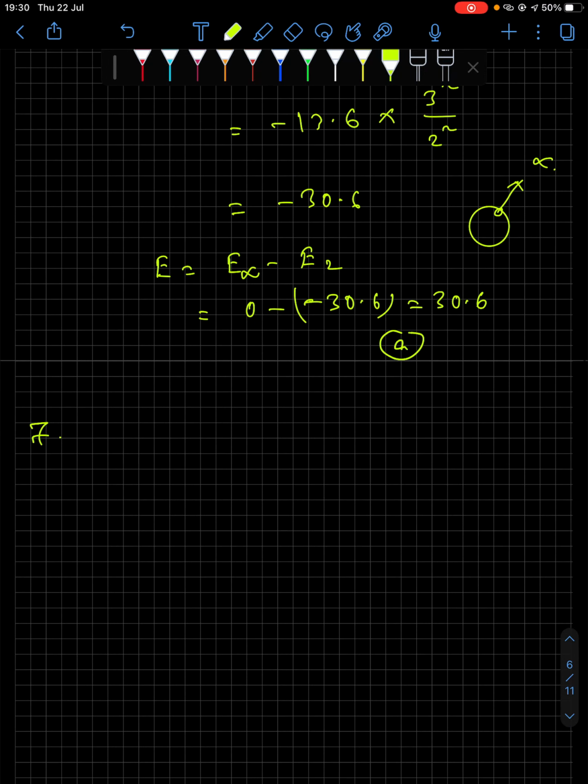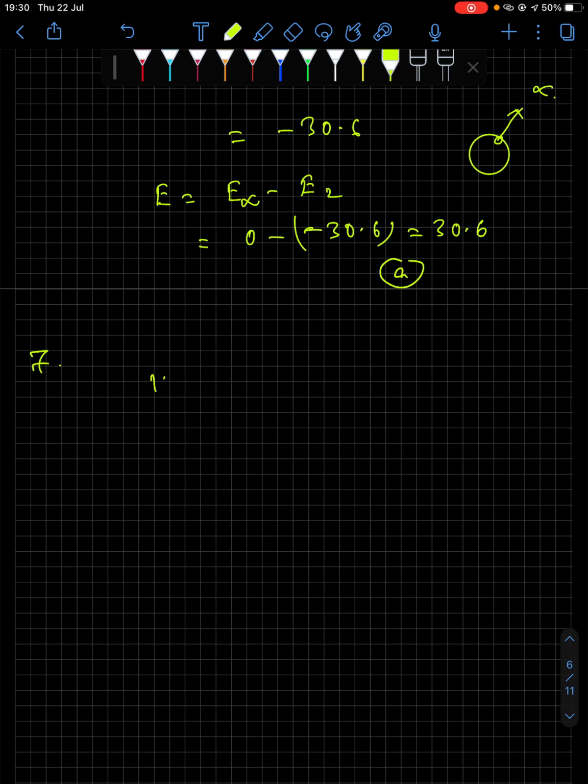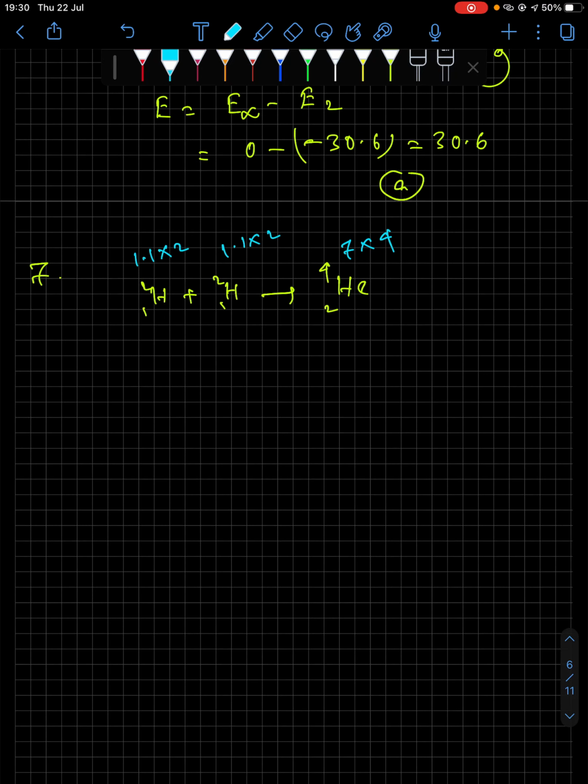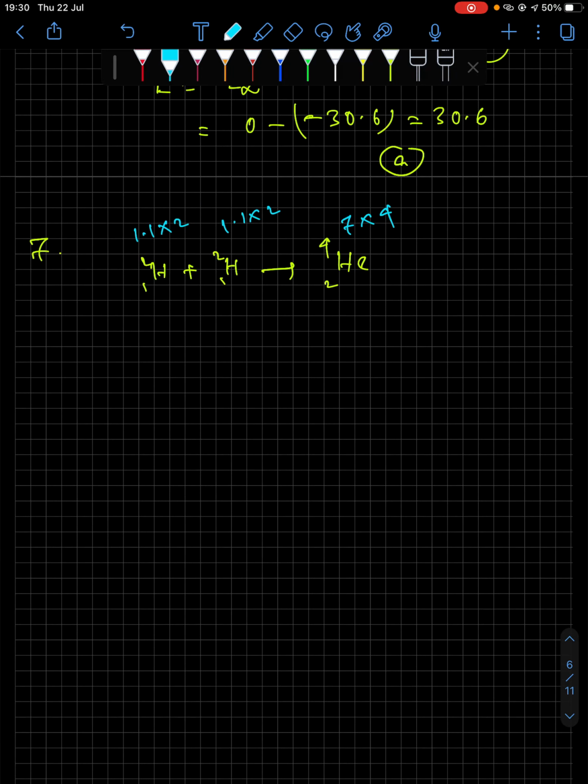So your equation will be H2 plus H2, they combine to give you helium 4. 1.1 was the binding energy per nucleon. Therefore 1.1 into 2 will be the binding energies. Here 7 is the binding energy per nucleon, therefore 7 into 4 will be the binding energy.